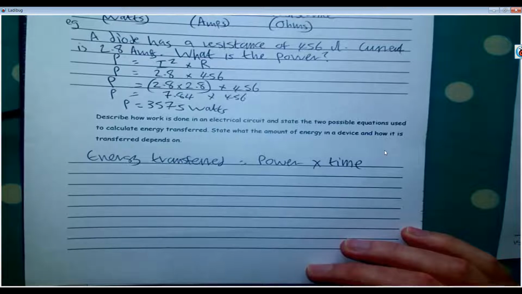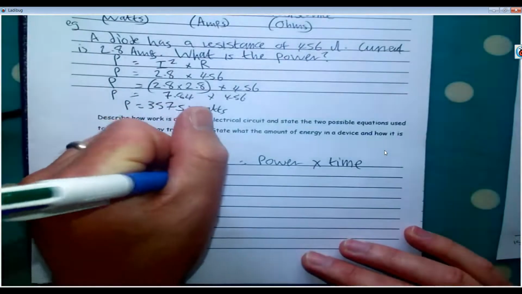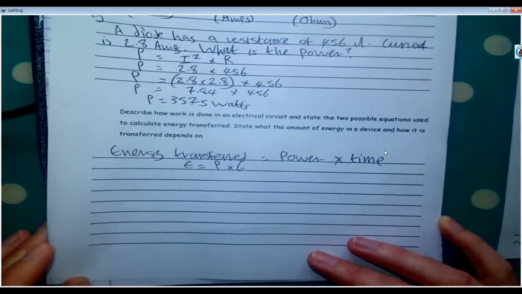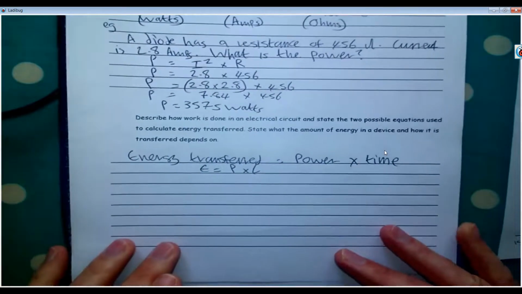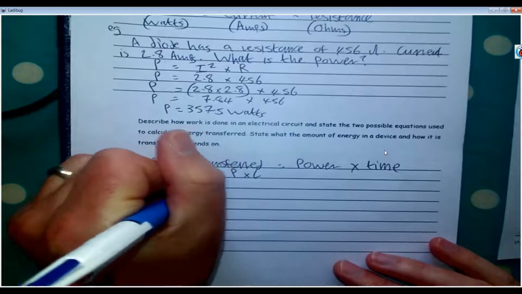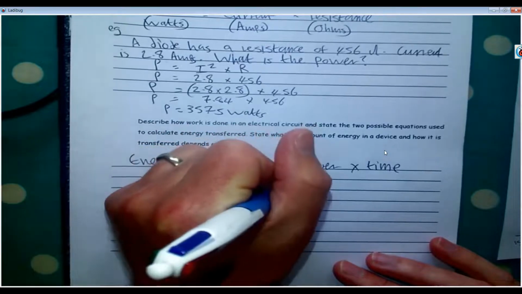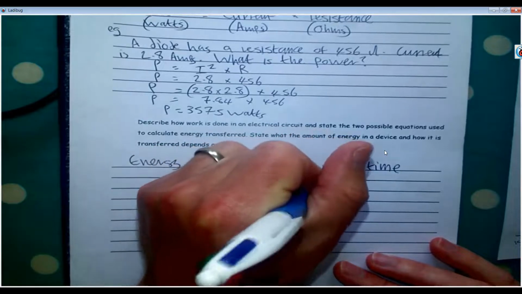We're going to stick with watts for today, and energy is measured in joules. So E equals P times T. Units: joules, power in watts, and time in seconds.